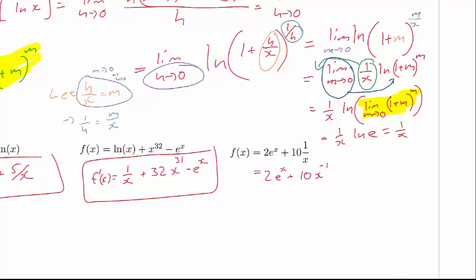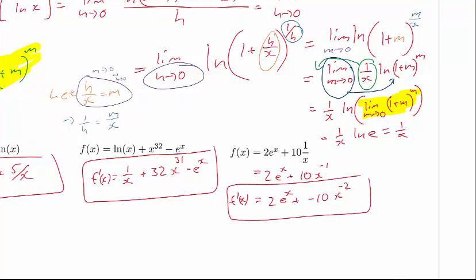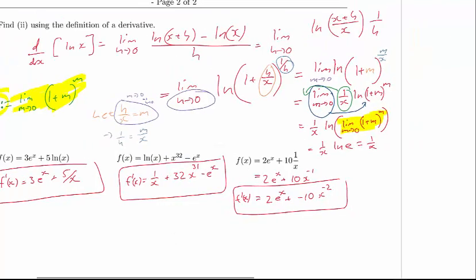And so now we just use the power rule. Let's go ahead and write f prime of x now. 2e to the x, and now the negative 1 comes out in front, so it becomes negative 10 times x. And what is negative 1 minus 1? It is negative 2. And that is our answer. Okay, good.